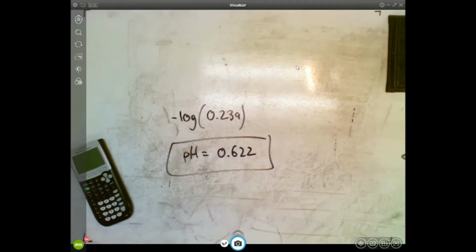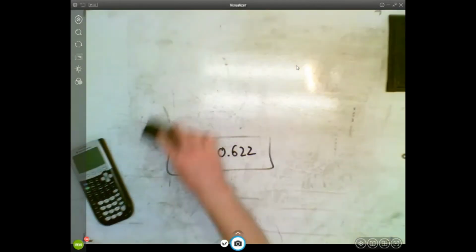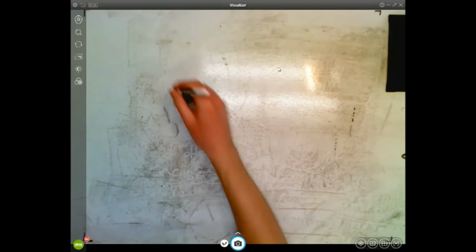Perfect. So to draw CH4, I usually like to start off with a Lewis diagram. And in my Lewis diagram, I draw carbon. Let me grab a data booklet here. If you have your data booklet available, open up to your periodic table.